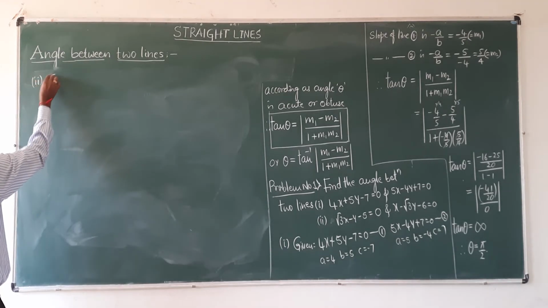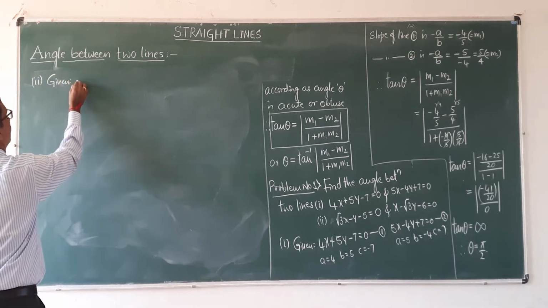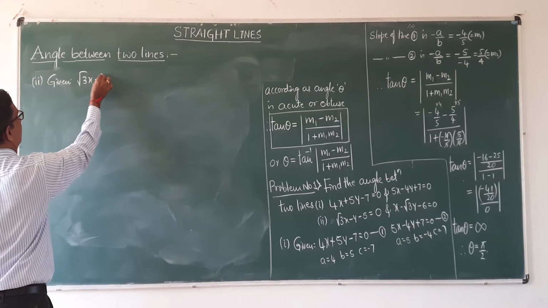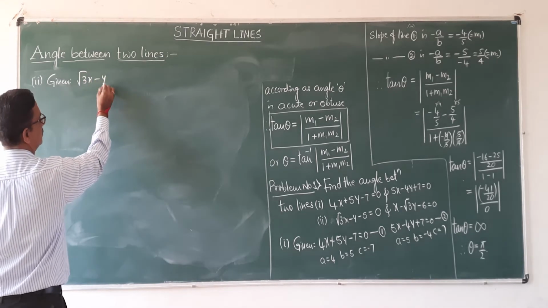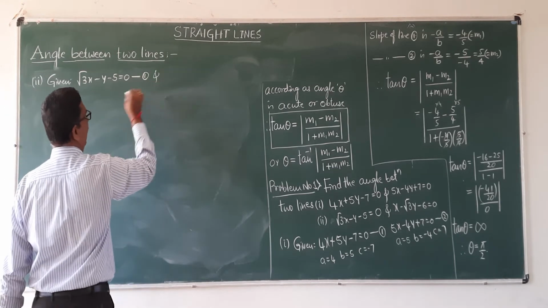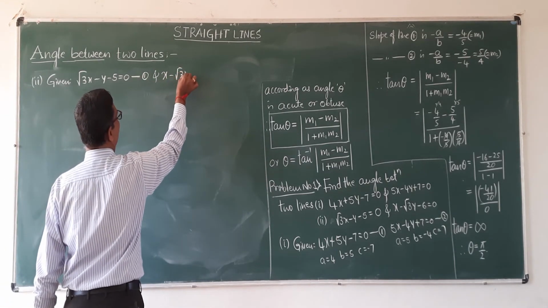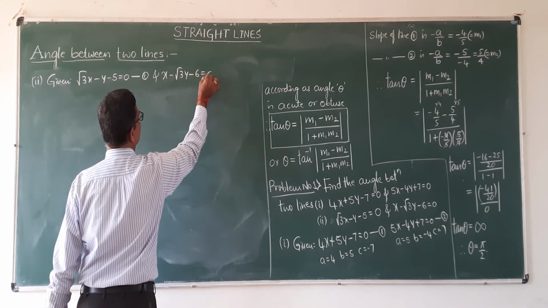Similarly, second problem. Given data: root 3x minus y minus 5 is equal to 0, line 1, and second line x minus root 3y minus 6 is equal to 0.